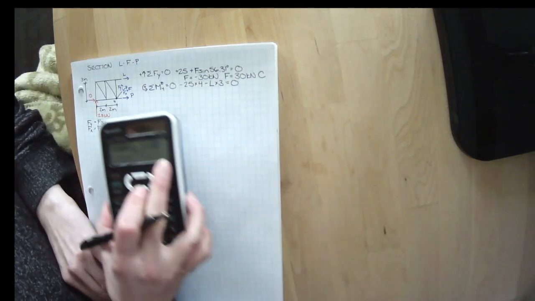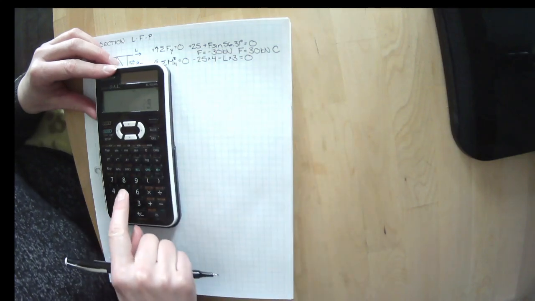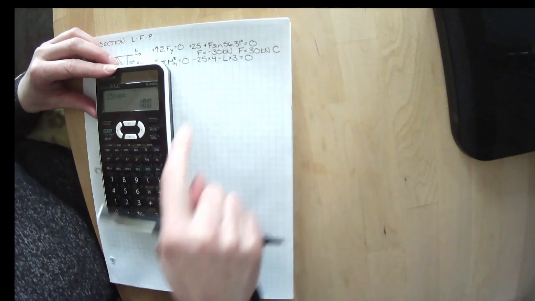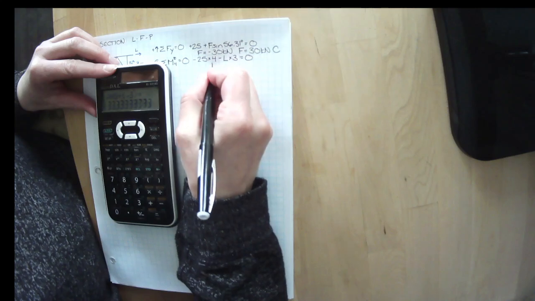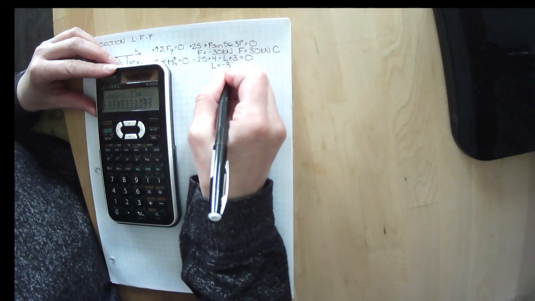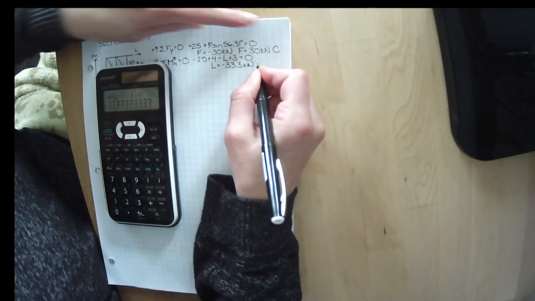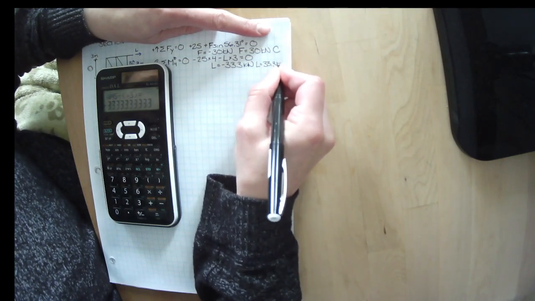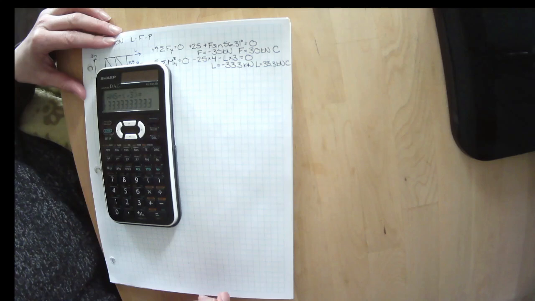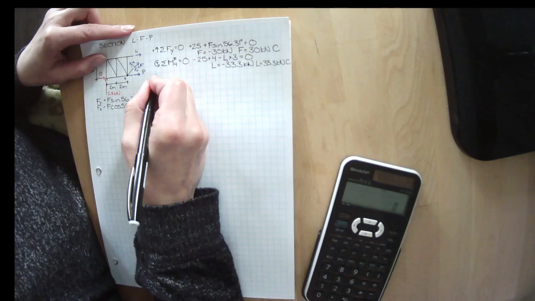So we can solve for L. We'll bring that over and it's positive. So we have 25 times 4, but divided by negative 3, we have L equals minus 33.3 kilonewtons, or L is 33.3 kilonewtons in compression. So we've solved for F and we've solved for L.